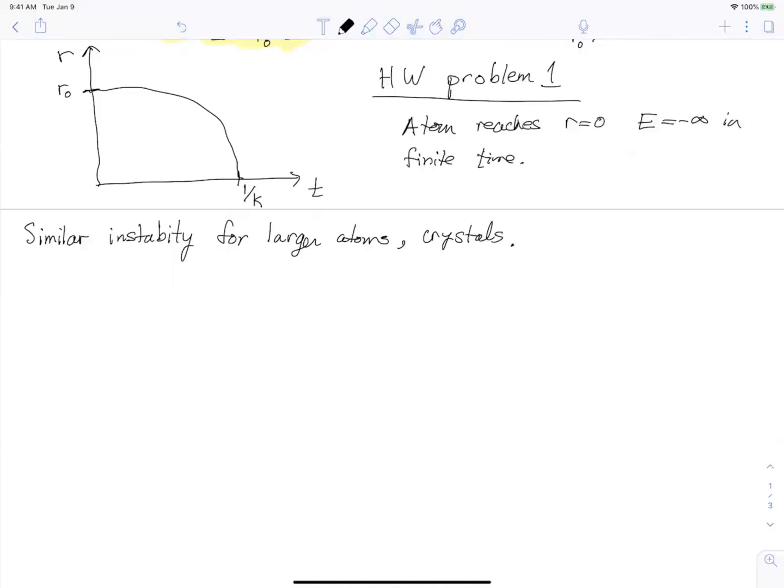Okay, so what does quantum mechanics do? It changes the rules. Okay, and so first of all, not all configurations are allowed in quantum mechanics.